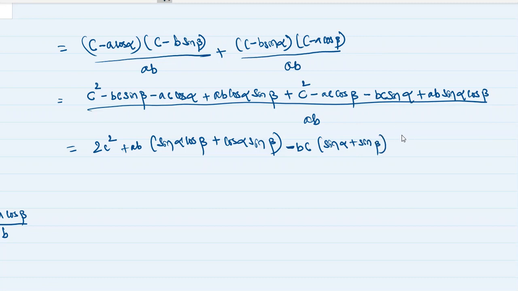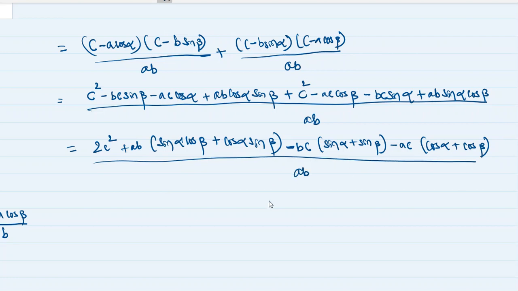Then I'll take minus ac out common, and we have cos alpha plus cos beta, the whole upon ab. So 2c square plus ab times sine a cos b plus cos a sine b, which is sine of alpha plus beta.